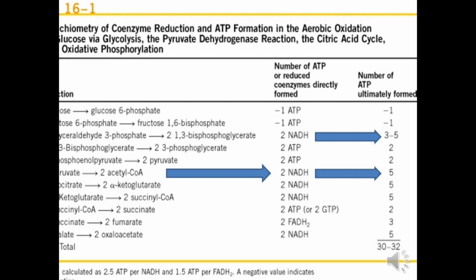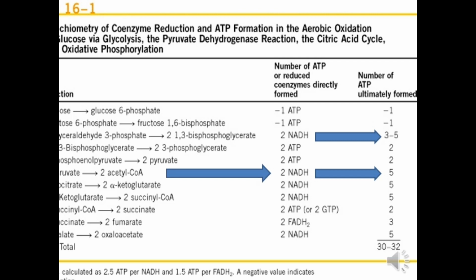This is 25, plus 5 or 7, it depends. If it enters the respiratory chain through the malate shuttle, therefore we have 7 ATP. The total is 32.